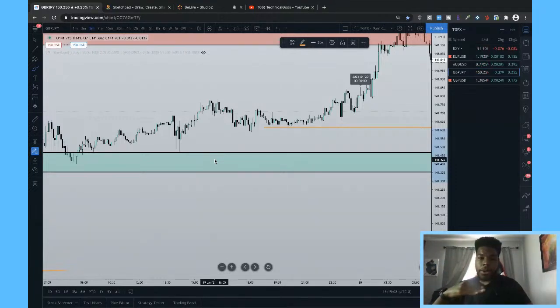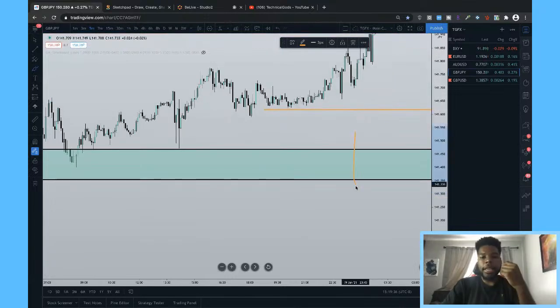So if the H4 time frame comes back and retests the zone, spikes past it, let's say it's a bullish zone, price spikes past it and closes under it, then I need to see a bullish candle close back above that zone on the H4 time frame. Now, if H1 spikes past it and pulls back up, I'm perfectly fine with that, because it's not the time frame that the zone and liquidity was based off of. So you need to see the break and retest on the same time frame that you draw the zone off of.